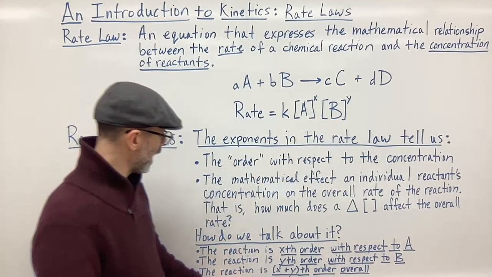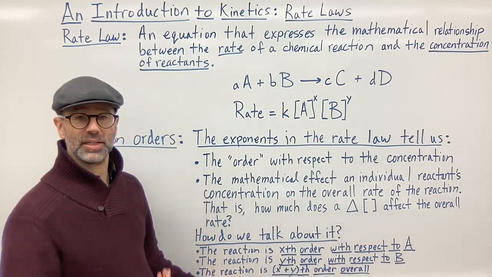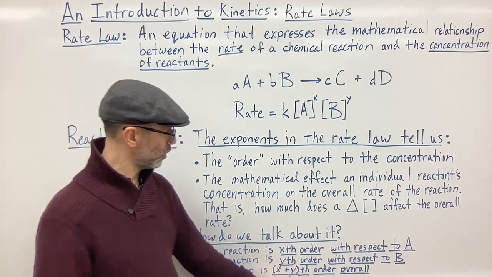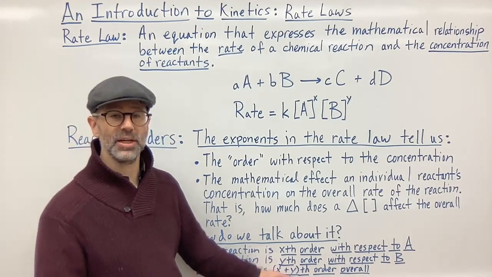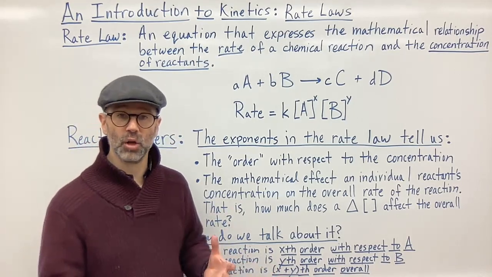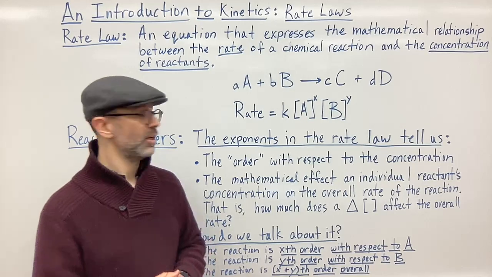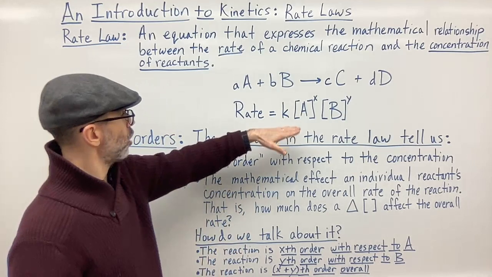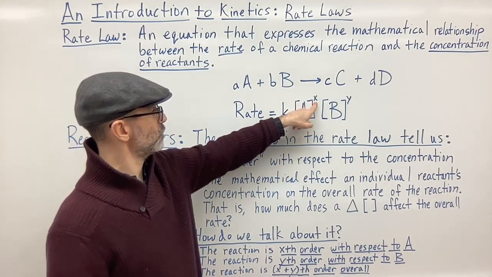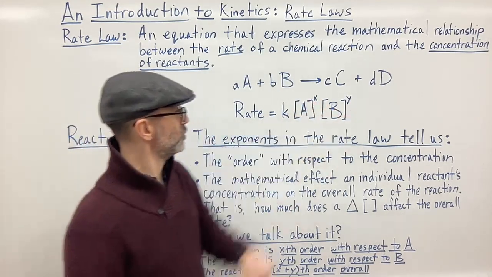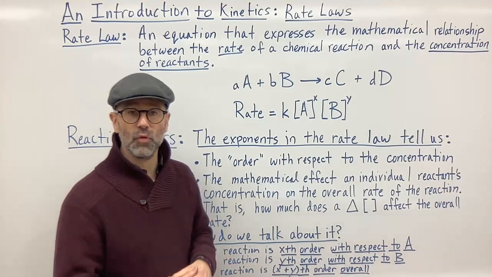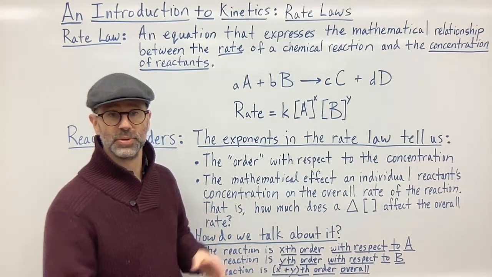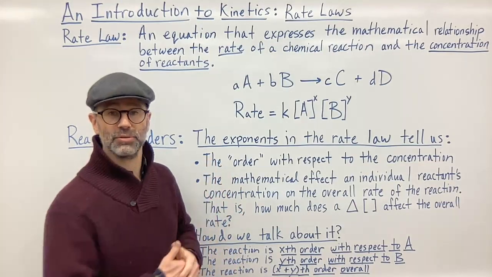And then the order of the reaction itself is a combination of both of those. You add the orders together, and that is the overall order of the reaction rate. So if x was a 2 and y was a 2, then the overall order of the reaction rate would be fourth order, because we add the 2 to the 2 and we get 4.